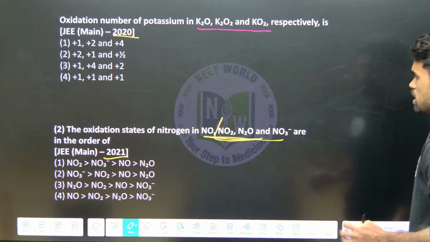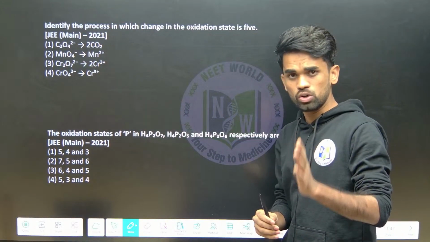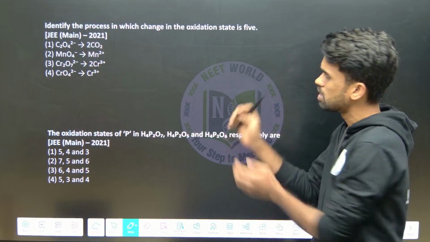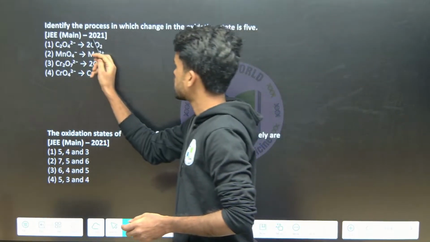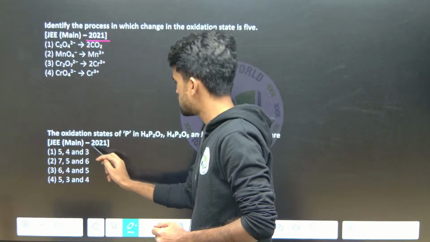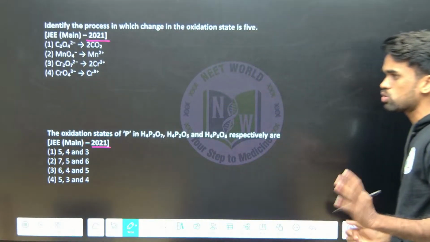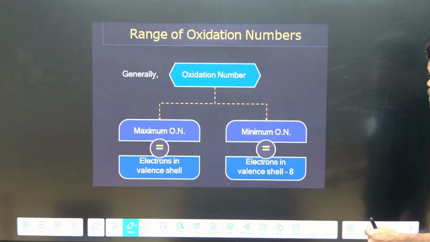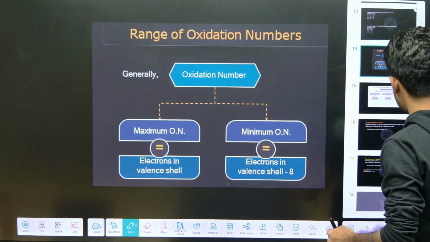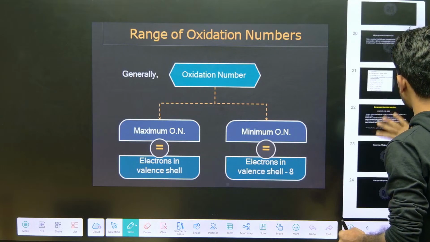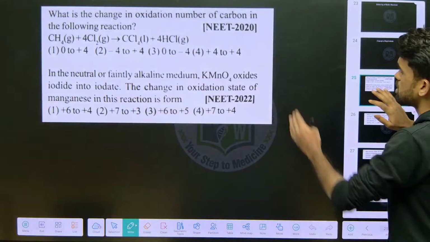These are very basic, and I will be showing you EAPCET questions as well as NEET questions from this particular topic. This is again JEE Mains, and all these questions you are going to solve after this discussion. Let me explain everything with a clear-cut discussion on each and everything. These are NEET questions.